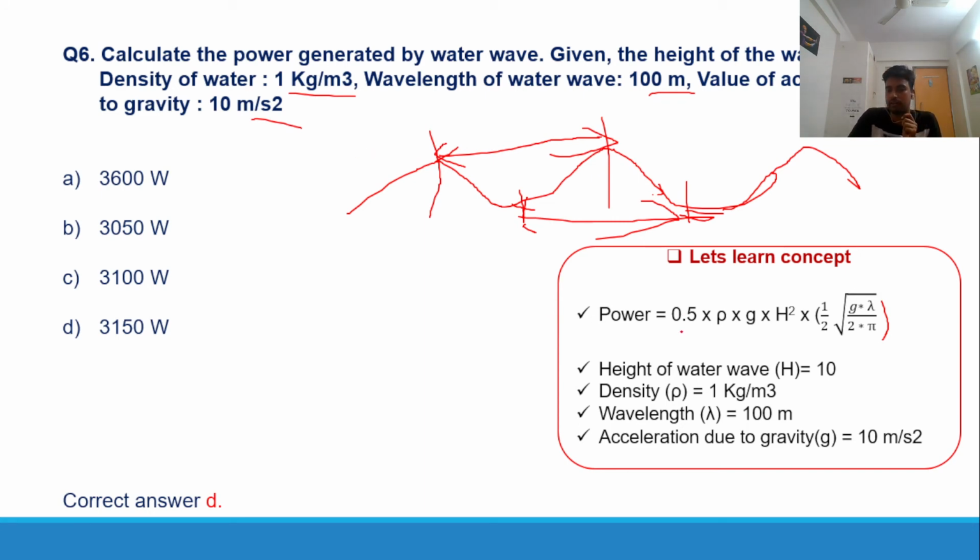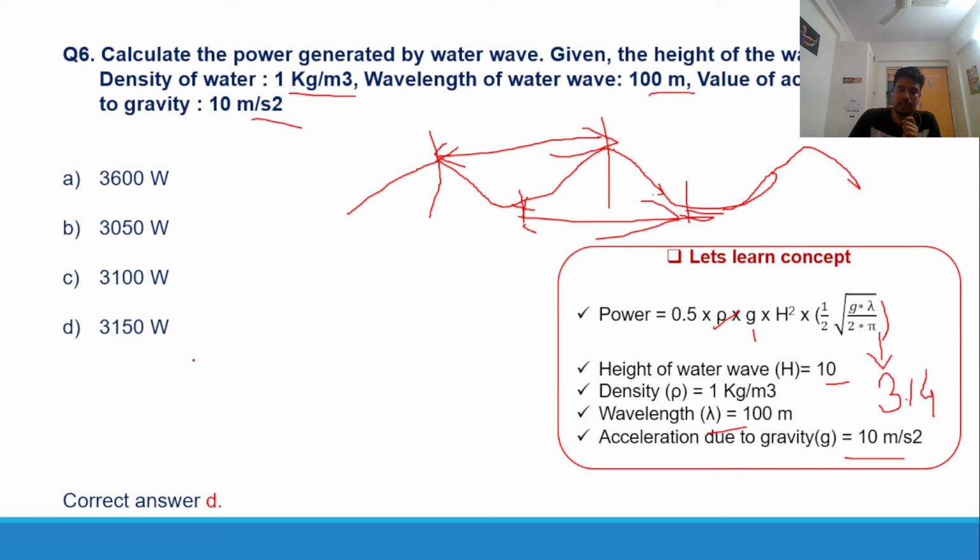So power equals 0.5 into rho. Rho is density, which is given as 1 kg per meter cube. G is acceleration due to gravity, given as 10 meter per second square. H is the height of the water wave, given as 10, and lambda is 100 meter, the wavelength. Pi is a constant whose value is approximately 3.14.